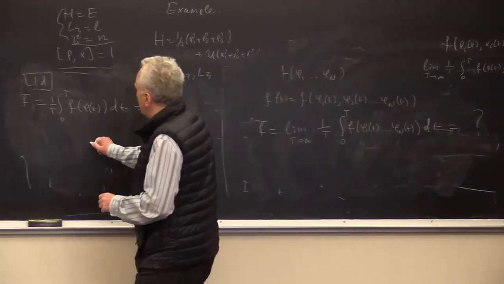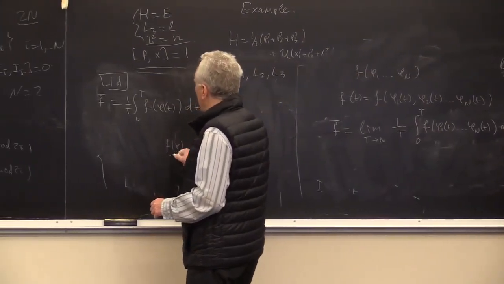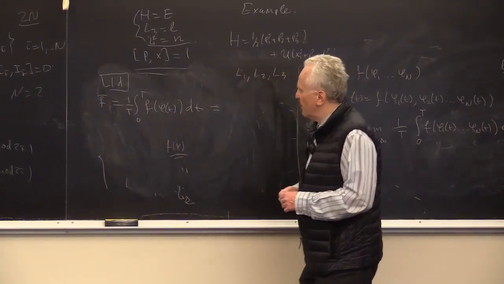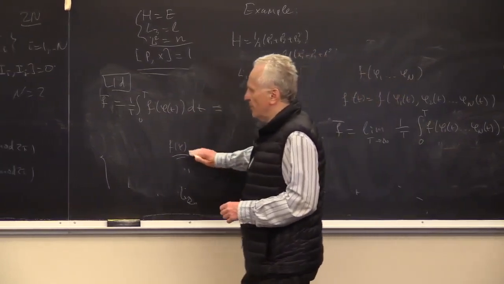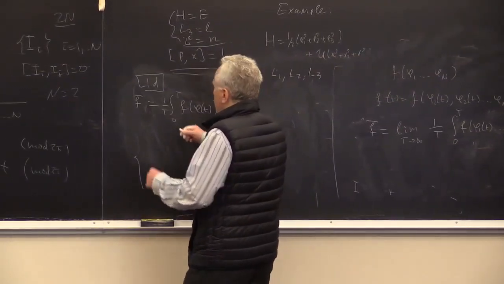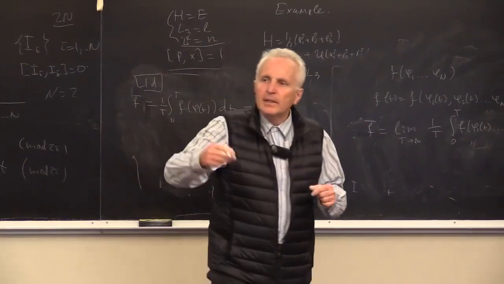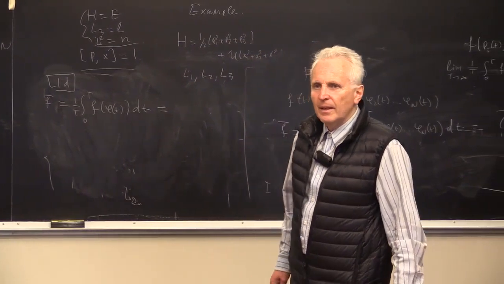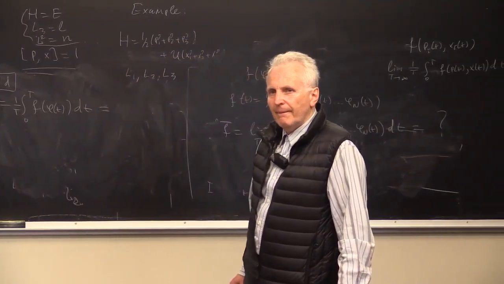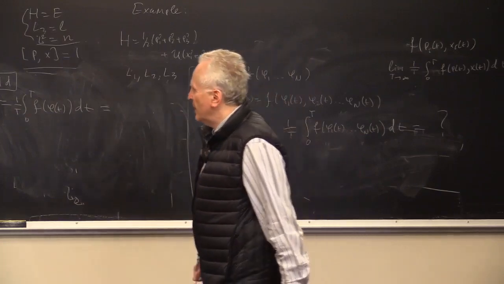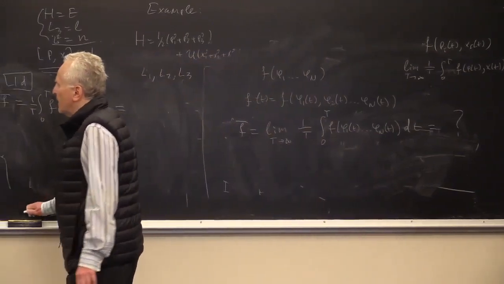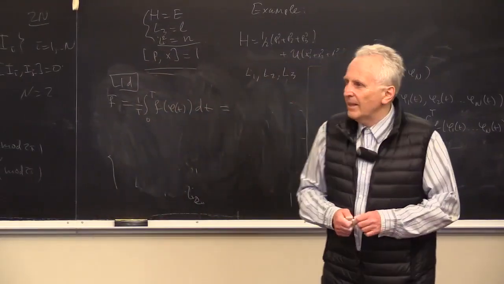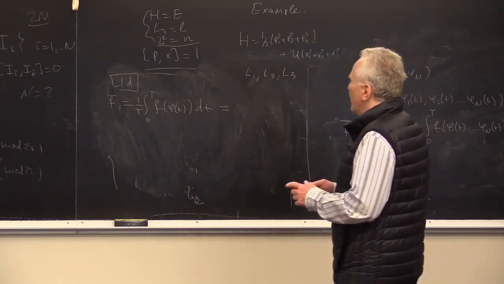So what is given is a function f of phi, and I want to know how to make these averages. One over 2 pi, the integral d phi. That's the right answer. How would you explain this? Phi dot is constant, and so d phi is equal to phi dot dt.